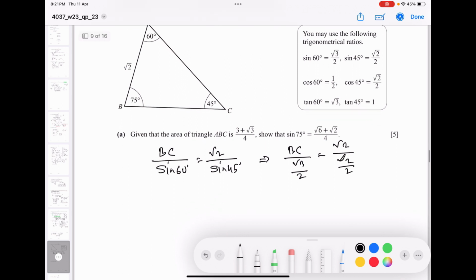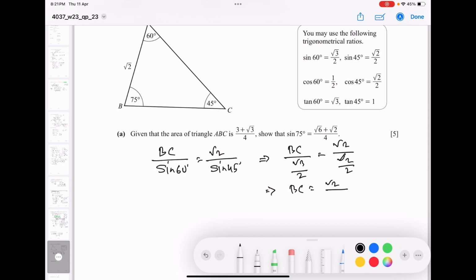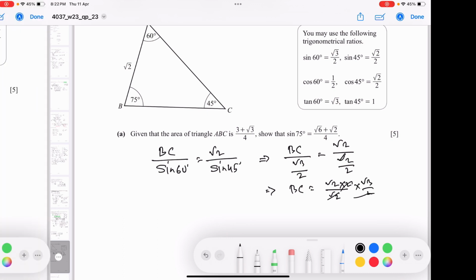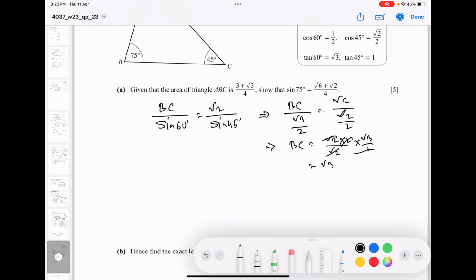Now let me do these calculations. BC equals root 2 by root 2, this is flipped, then into root 3 by 2. 2 to cancel, root 3 divided by 4.